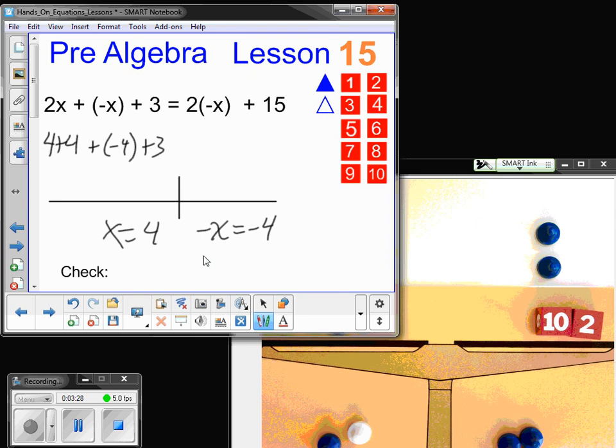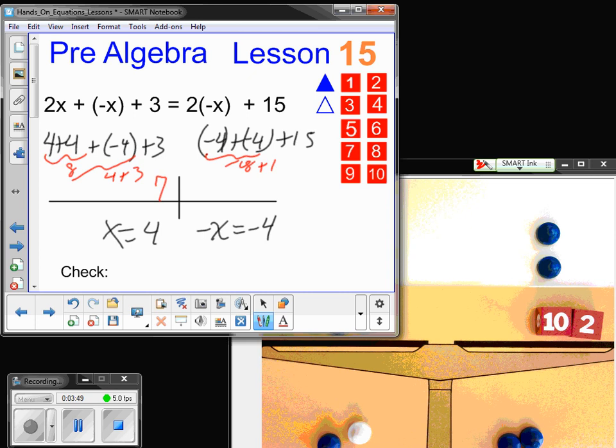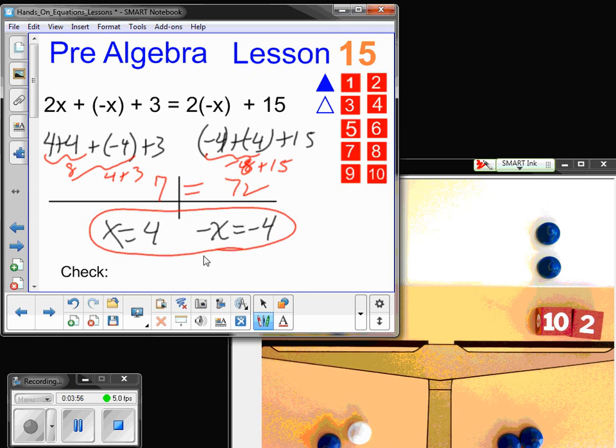We've got negative 4 plus negative 4 plus 15. We do it just as if we were writing symbols down. Okay, so now let's do the math. 4 plus 4 is 8, plus negative 4 is 4, plus 3 is 7. And negative 4 plus negative 4 is negative 8, plus 15 gives me 7. 7 equals 7. So x equals 4, and the opposite of x equals negative 4.